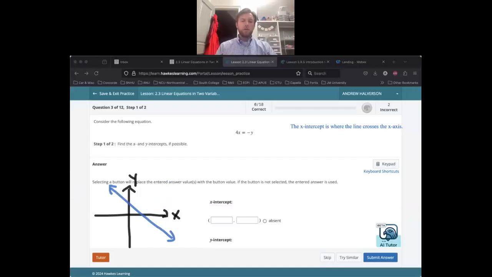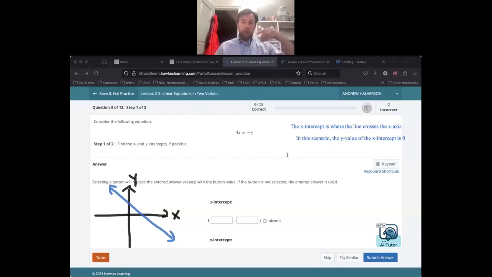Do y'all remember? It's from the prior lesson. Just a quick review: the y value, because remember, it doesn't move up or down. It stays on that x-axis. No movement up or down. The y value of the x-intercept is 0.